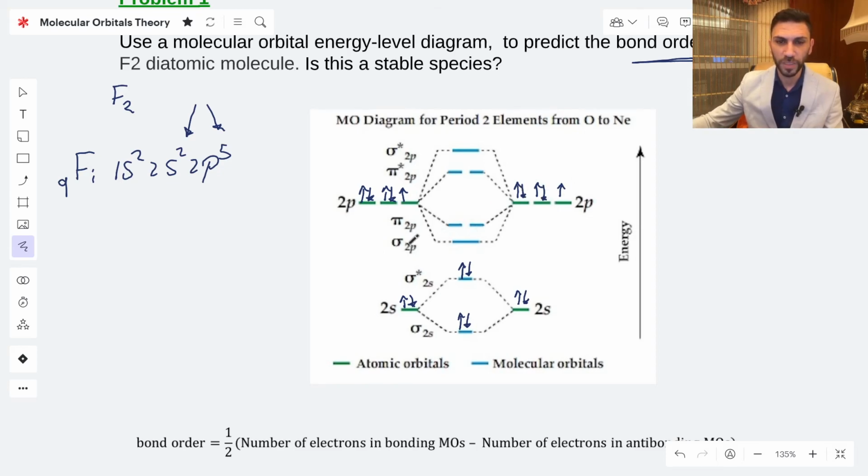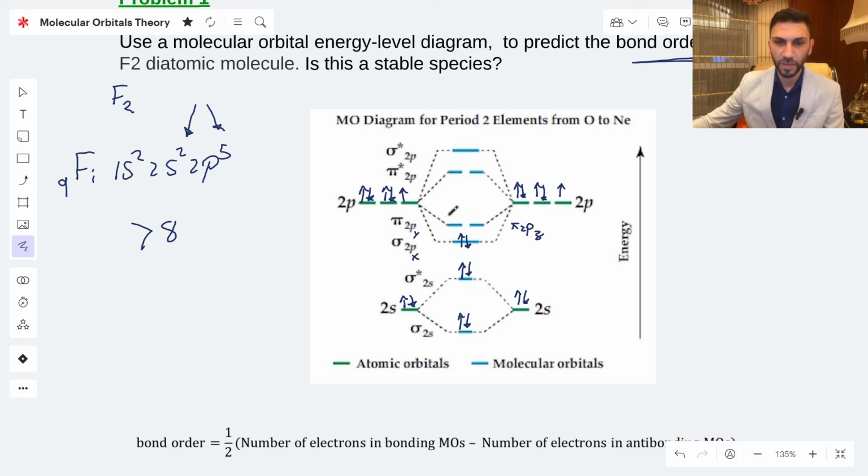Now let's distribute them. Because it's greater than 8, the atomic number, sigma 2p x is before pi 2py and pi 2pz. Let's distribute those electrons. We have 2 electrons up and down. That is 2.